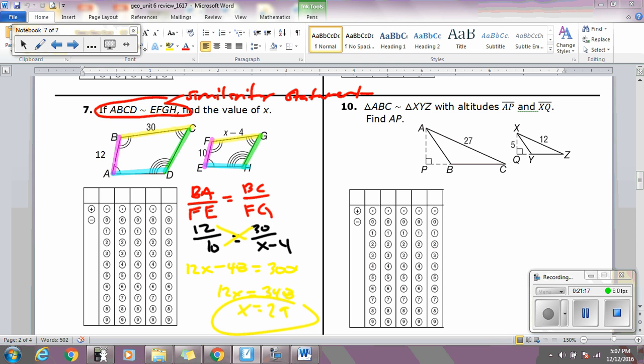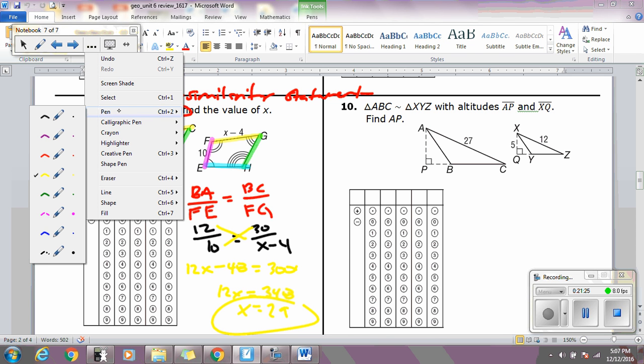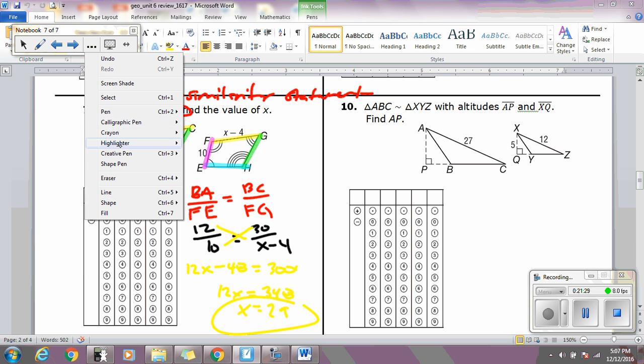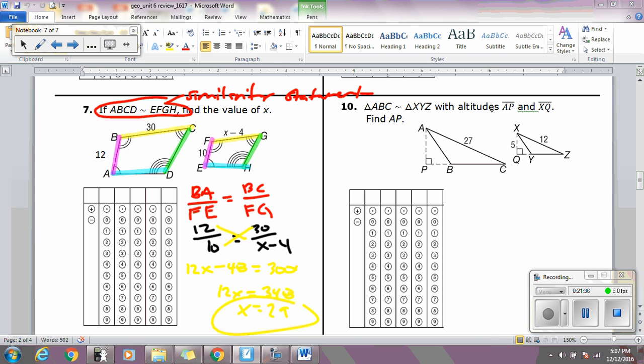On number 10, it tells us that triangle ABC is similar to triangle XYZ. Since the triangles are similar, the altitudes are proportional just like the sides. So these altitudes are proportional.